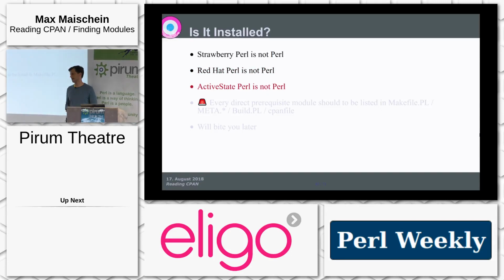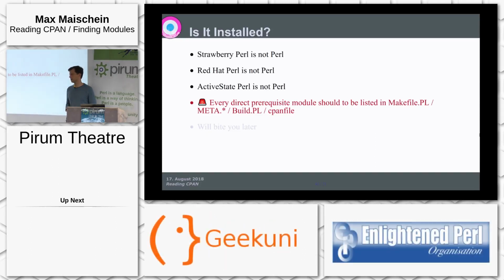And ActiveState is more like Strawberry Perl by also including DBI and some other modules. In my opinion, you should always list all of your direct prerequisites in the Makefile.PL or Build.PL files, so that your module works across all flavors of Perl distributions.